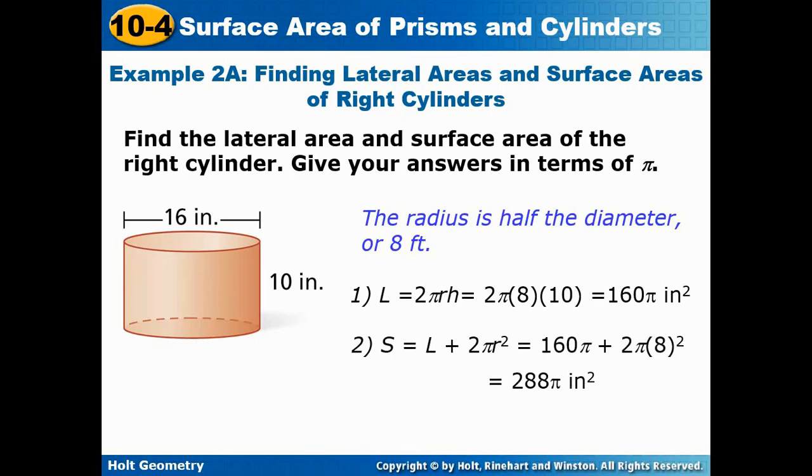Number 2, the surface area is the lateral area that we found before, plus the two bases areas. Here 2 pi r squared. So it is 160 pi plus 2 pi 8 squared, which is equal to 288 pi inches squared. The question asked you to write the answer in terms of pi, so don't substitute.